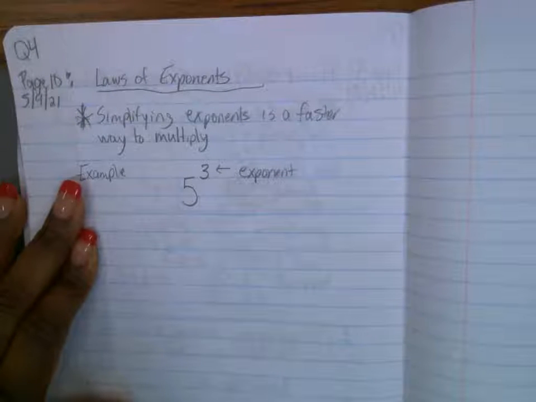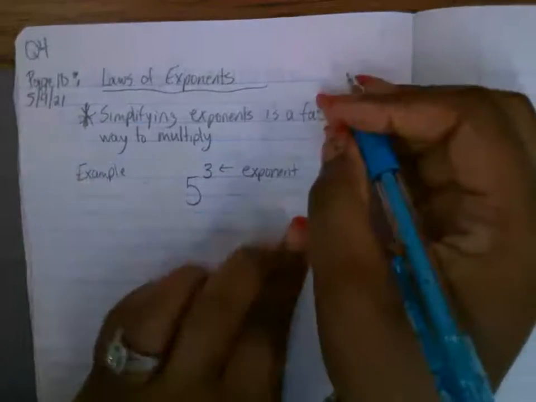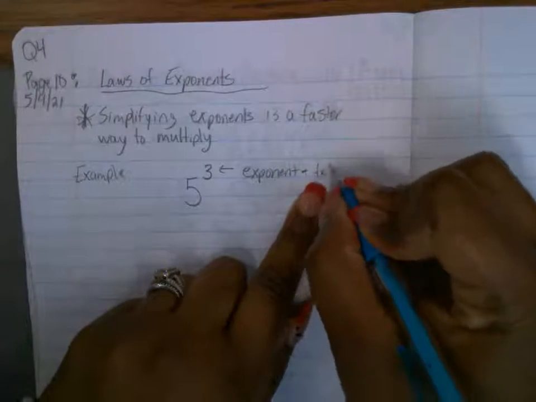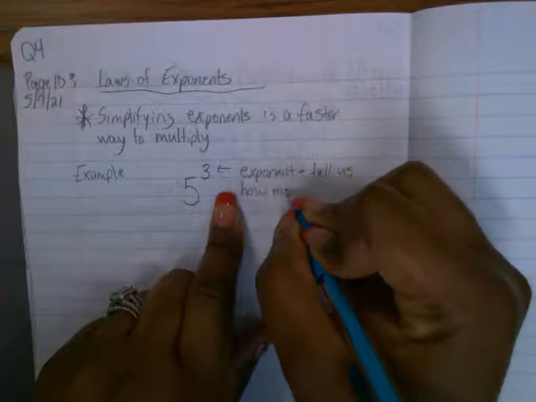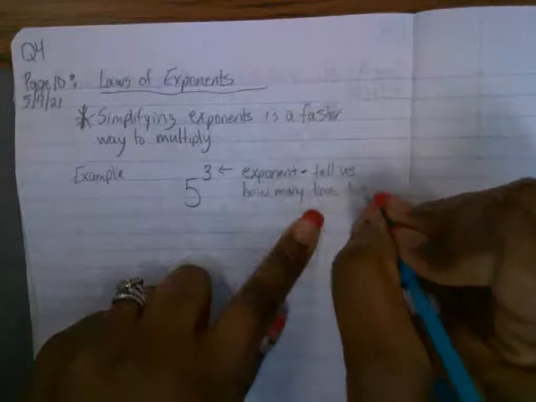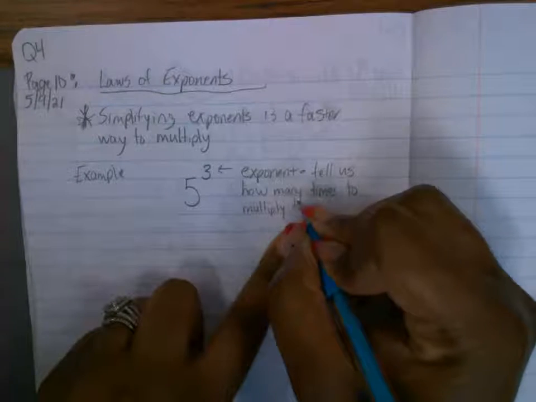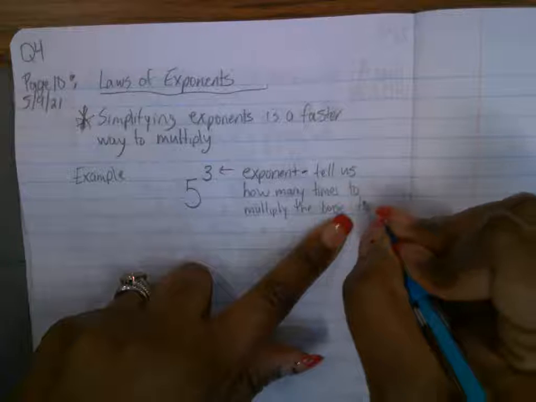The exponent, by definition, tells us how many times to multiply the base times itself.